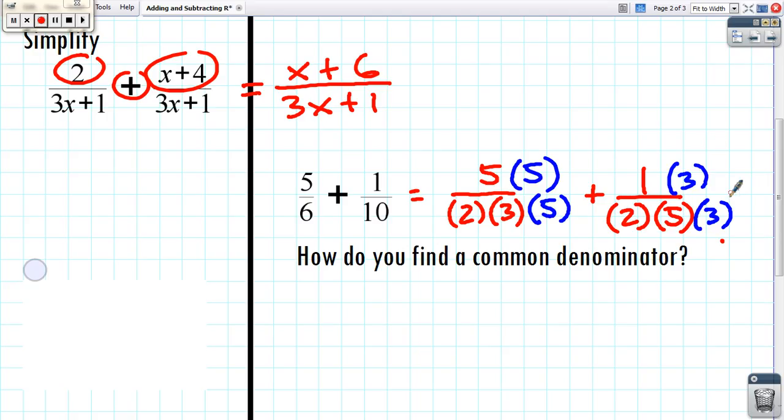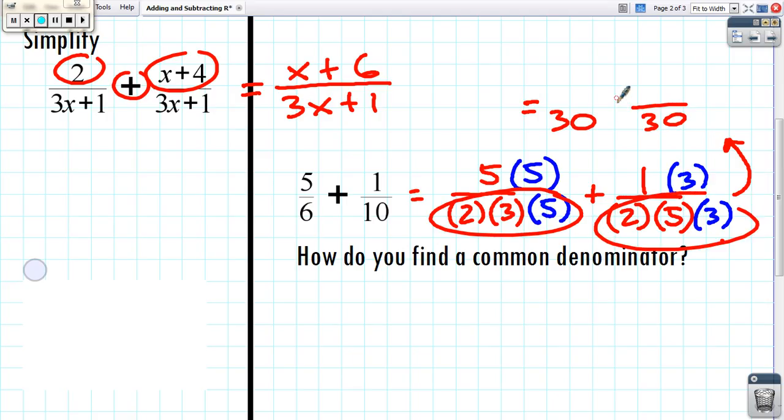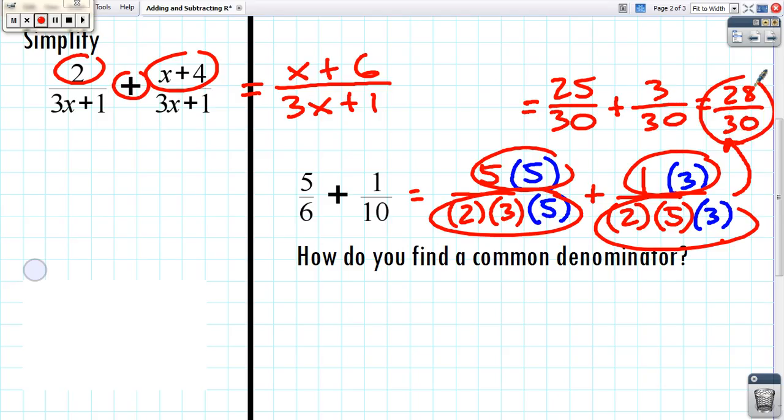I'm running out of space here, so on your paper you can just put it next to it, but I'm going to put it over here, a common denominator of 30, and a common denominator of 30 here. And on top we just clean it up, 25, and here 3, and now we can add these up. 25 plus 3 is 28 over 30. In which case we would reduce this answer, which reduces down to 14/15. And again, try to do this a little neater for your notes.